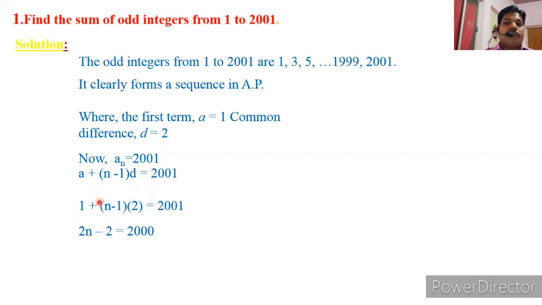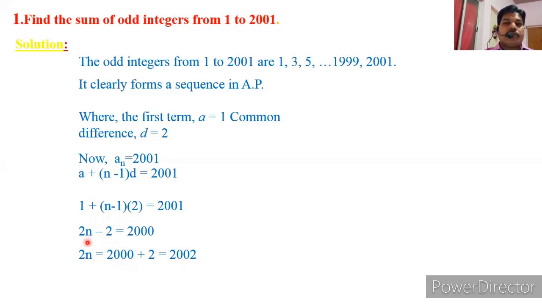Just simplify that value. Take this 1 to this side, it will become 2001 minus 1, that is 2000, and multiply with 2 here, 2n minus 2. Take this minus 2 to that side, then what happens? 2n is equal to 2000 plus 2, it will become 2002.